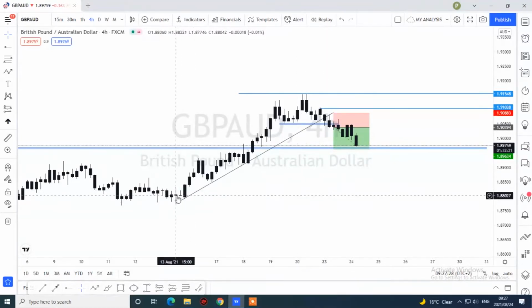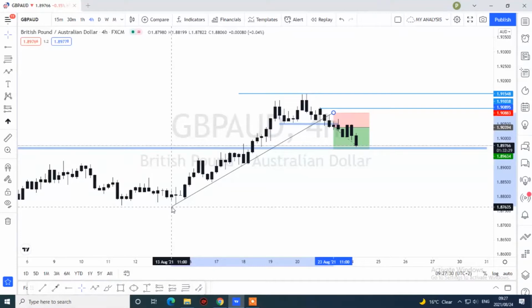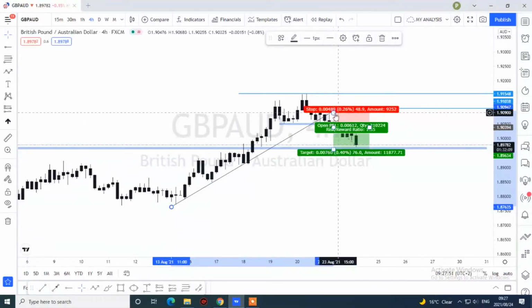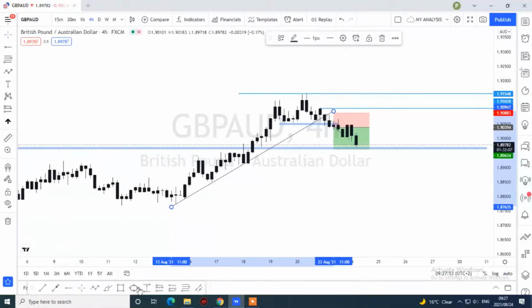We also incorporated the trend line. Every time the market touched this trend line, it went up, creating higher highs and higher lows. The market eventually broke out of this trend line, and there's a nice retest here.